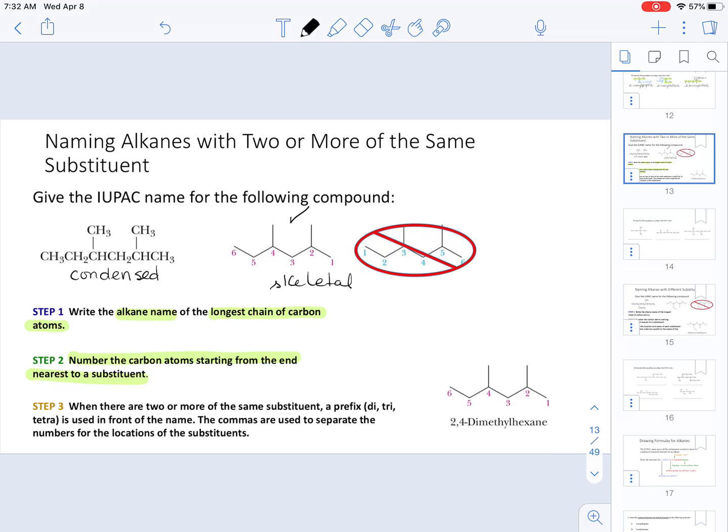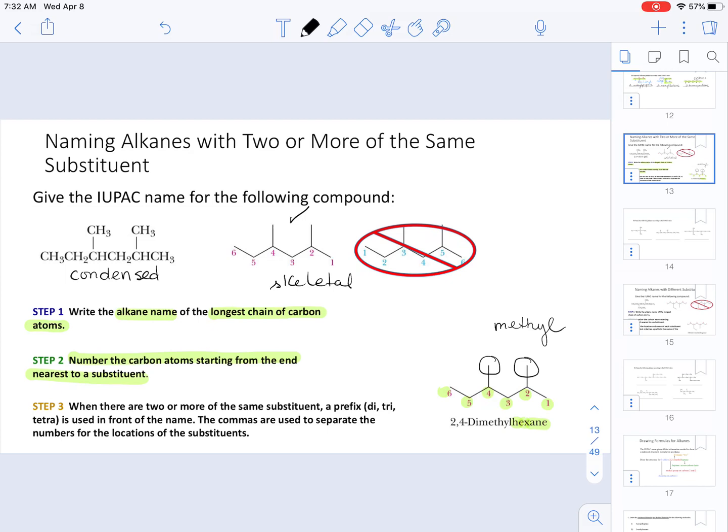So for this molecule, its skeletal structure, as you can see in the bottom, is going to give us the longest carbon chain because there are 1, 2, 3, 4, 5, 6. That's where the hex prefix comes. This is an alkane, that's why it's hexane. On carbon 2 and on carbon 4, we have methyl groups. So remember, we have 2 of the same.